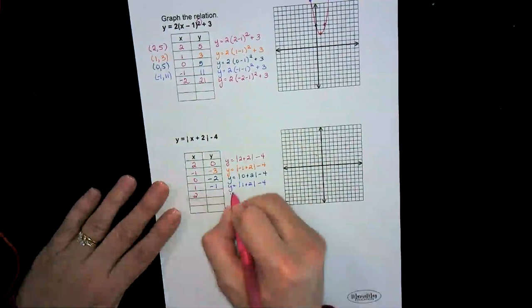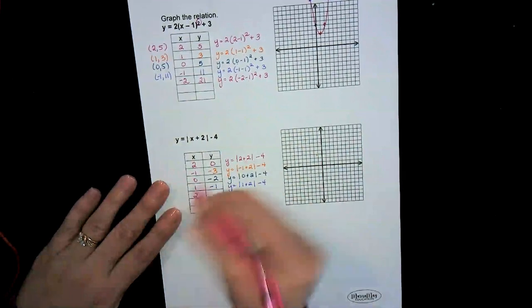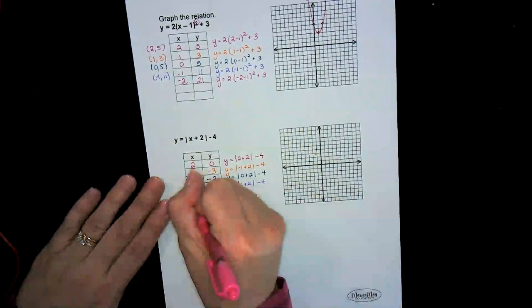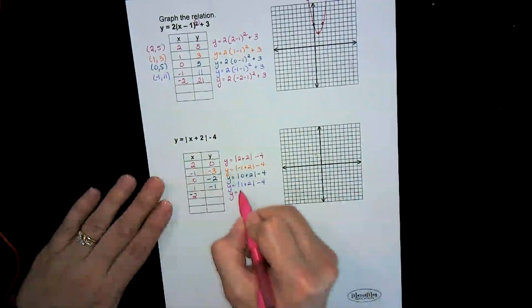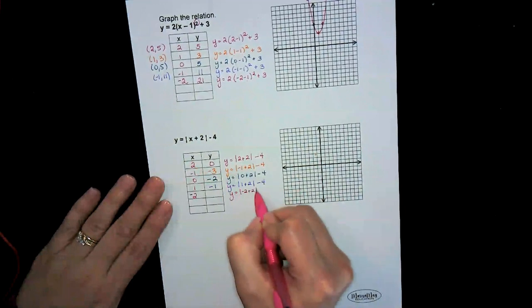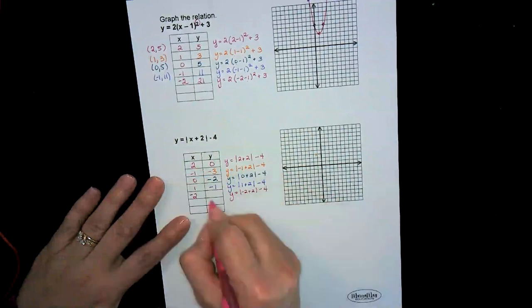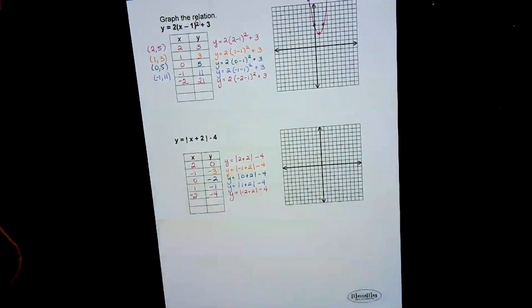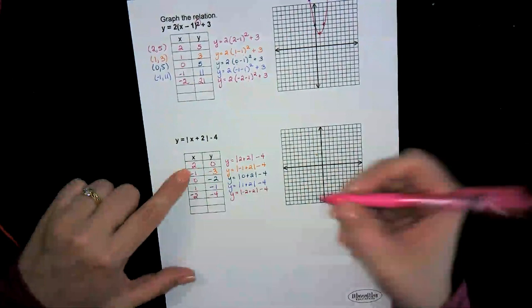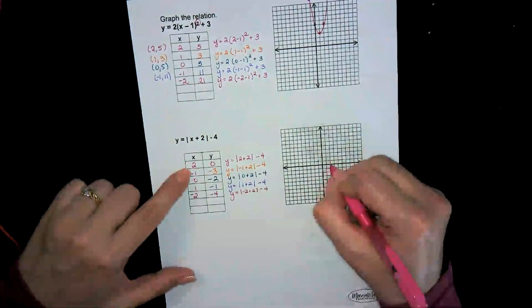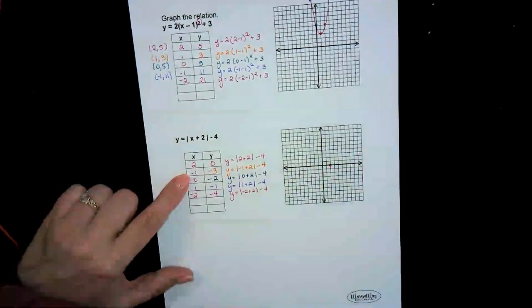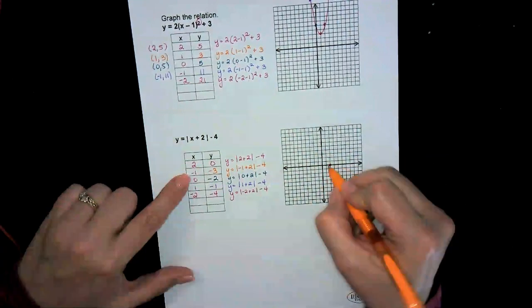And then we'll do 2. Oops, sorry. Let me do negative 2 here. Negative 2 plus 2 would give me 0. Absolute value of 0 is 0. And then negative 4. Okay, so first we plot (2, 0). 1, 2. Don't go up any. Then we plot (negative 1, negative 3).